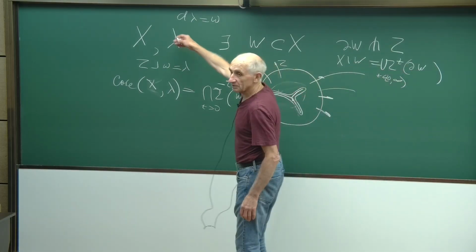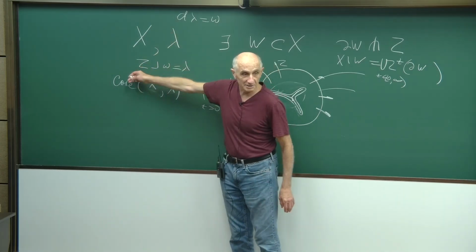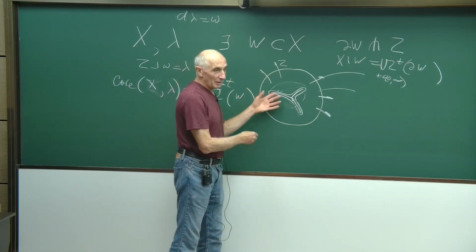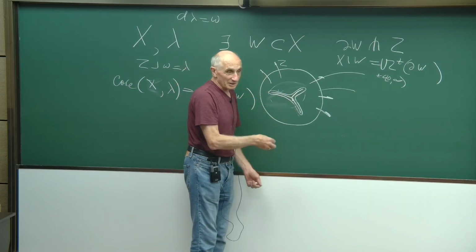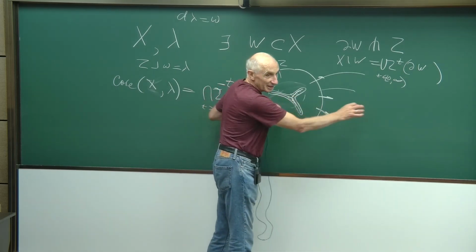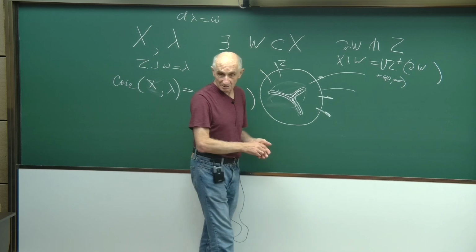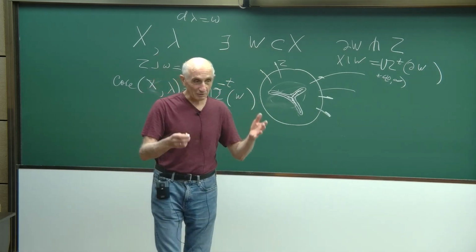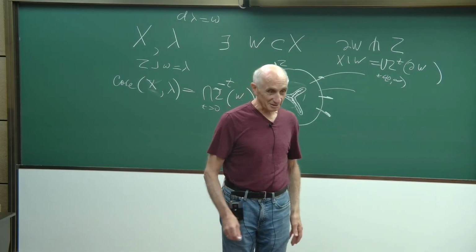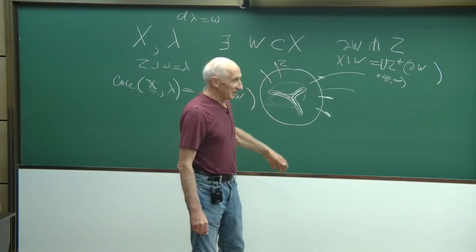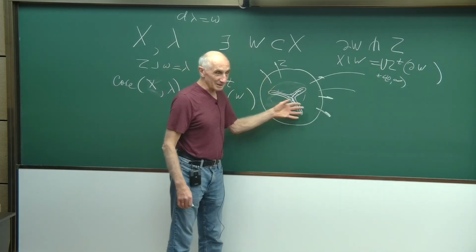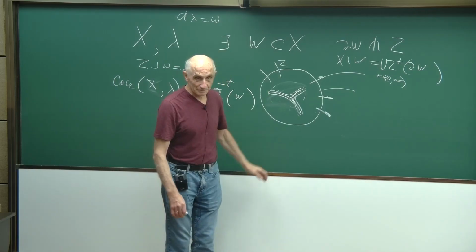You have a globally defined lambda, you have a globally defined Z. But now I'm saying all the interesting information is just in the neighborhood of the core, because everything else you can always reconstruct by adding this field. Of course, you can ask some qualitative question, but if you're not interested in any numerical invariants, then this is whatever.